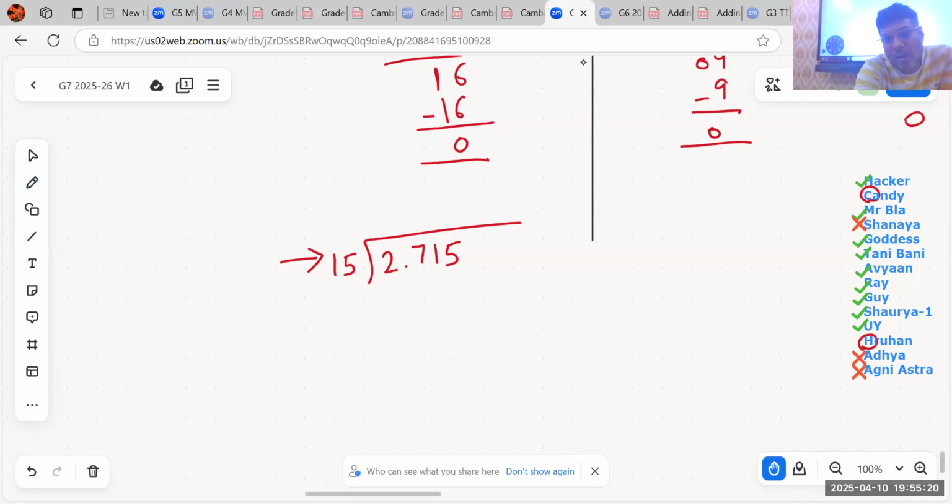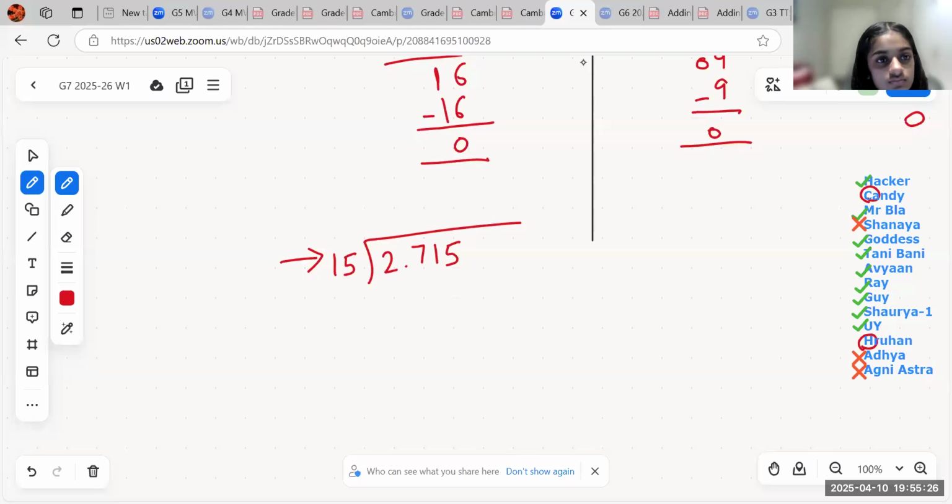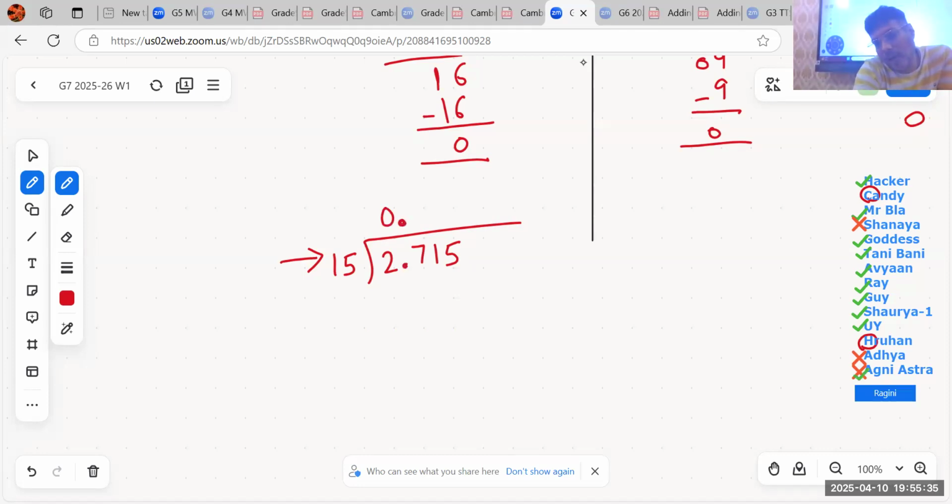All right. Beta, hacker, help me with the division. First of all, what will I put? Correct. Sir, I got it. Can I resend? Okay. So because I cannot divide 2, I will put a decimal right at the start. Then 15 ones are 15. Now I can divide normally.